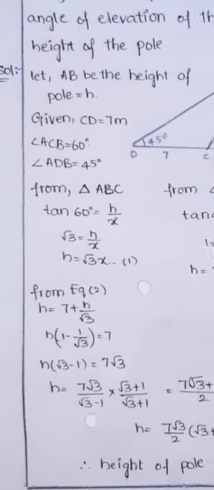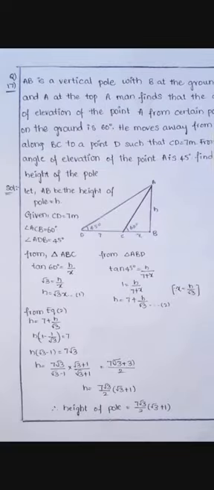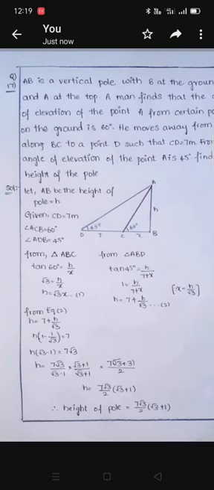So what is the equation we get now? h into root 3 minus 1 is equal to 7 into root 3. So h is equal to 7 root 3 by root 3 minus 1. By rationalizing, as you all know the rationalization method, we get h is equal to 7 into root 3 plus 3 by 2.